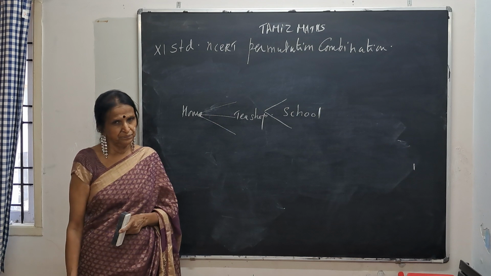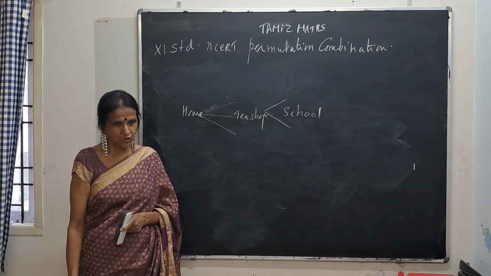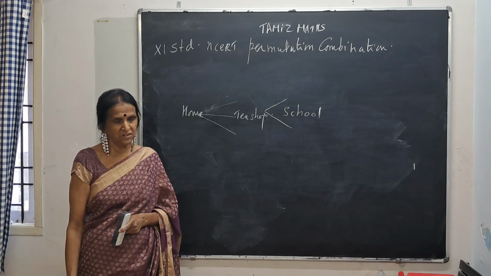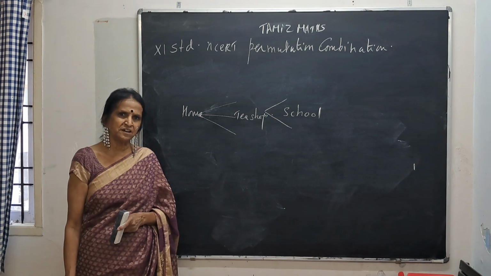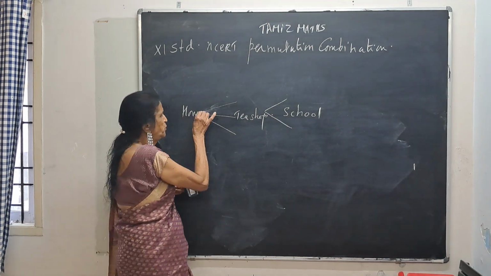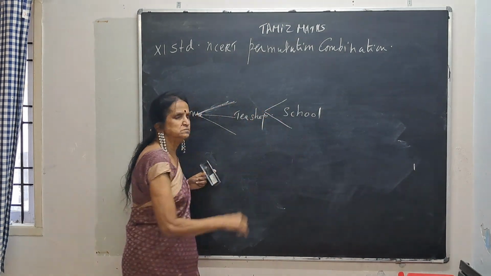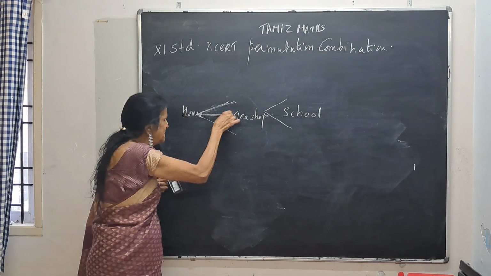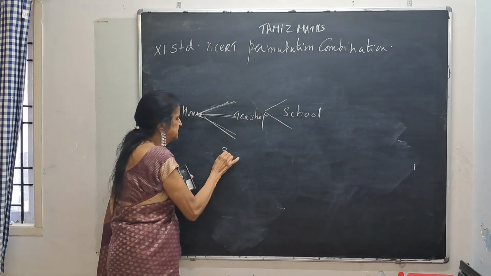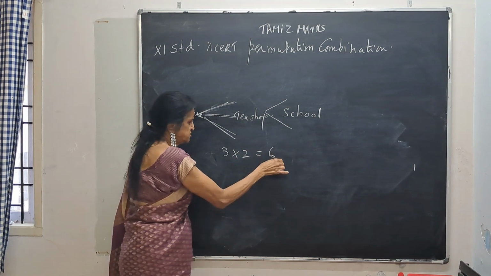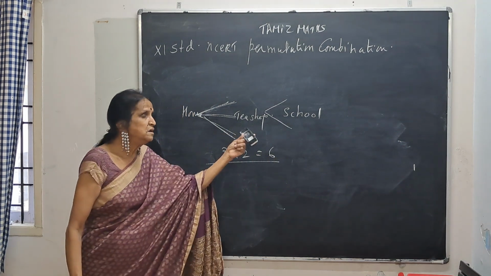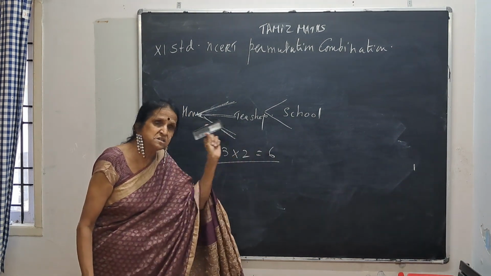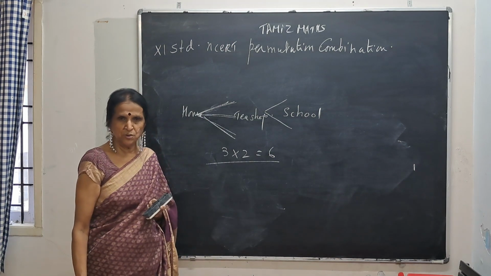Anybody? Is it 5? Any one of you saying 5? No, 5 is not correct. Then which is correct? Corresponding to every one here, you will have 2. But there are 3 here. So there will be 3 into 2. That will be 6. This and this happens, so you multiply.